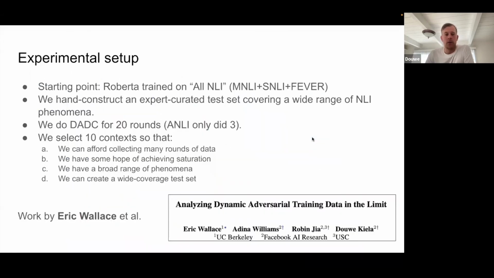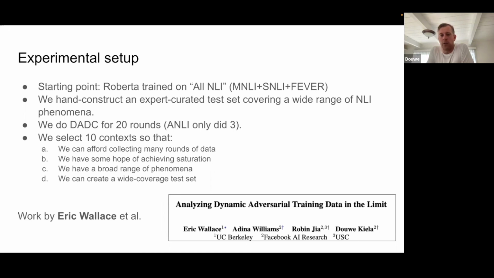And the experimental setup in this case is that our starting point is the same as the one we had for adversarial ANLI, which is this all ANLI data set. So MultiNLI plus SNLI plus FEVER ANLI, if you know what that is. So that's just a very strong ANLI model. And then before we start doing any data collection whatsoever, we hand construct an expert curated test set covering a wide range of ANLI phenomena.